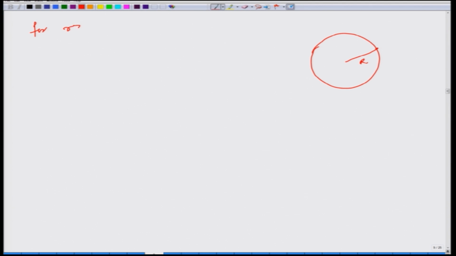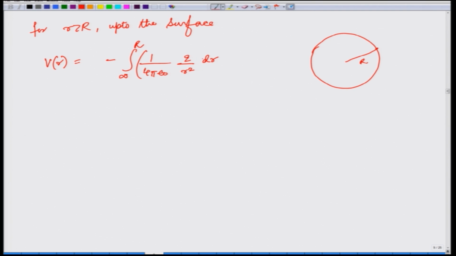For r greater than R, up to the surface, V of r will be minus integral from infinity to r of 1 by 4 pi epsilon naught q by r square dr. This is my electric field E dot dr, and my dr is also radially outwards, and my field is always radially outwards, so the dot product will give just this.